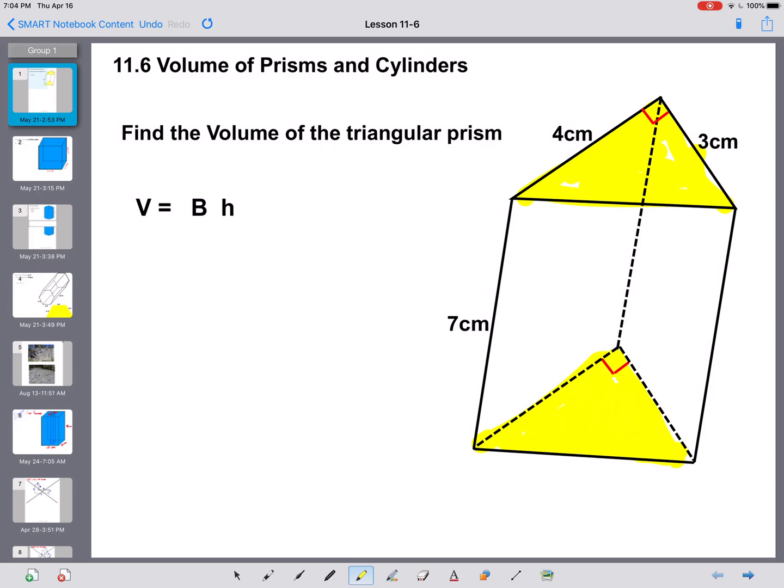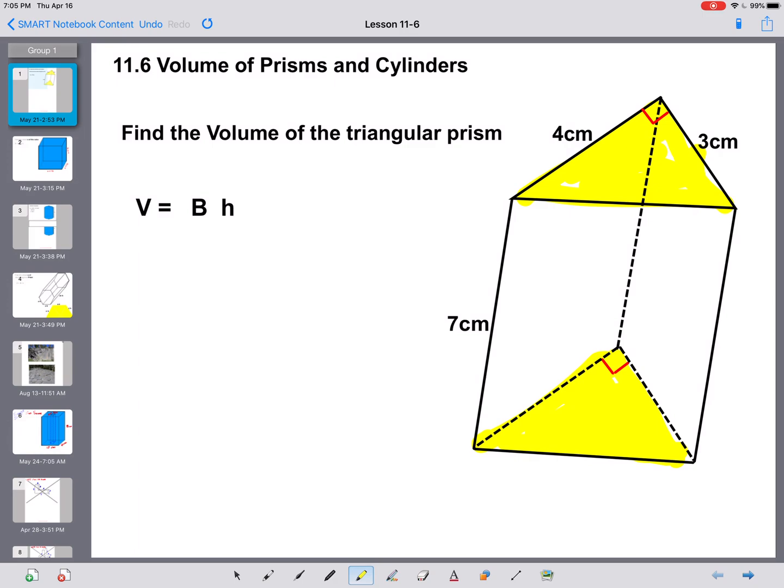And then think about the shapes around the figure, not on the top, not on the bottom. What type of shapes do I have? Yeah, I have rectangles around the shape. There are 3 rectangles around the shape.